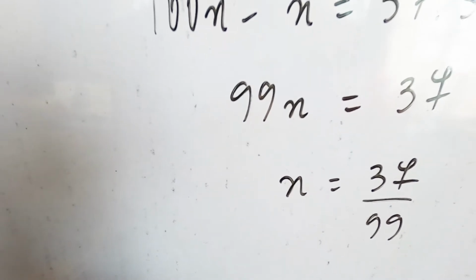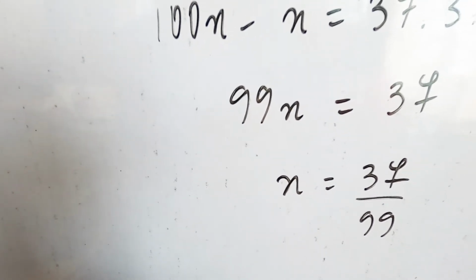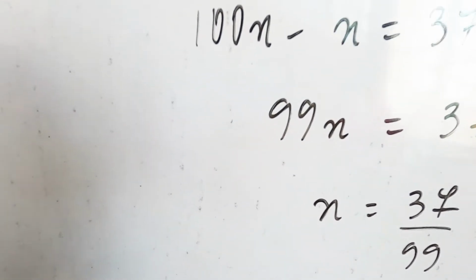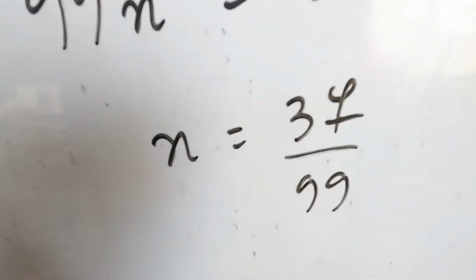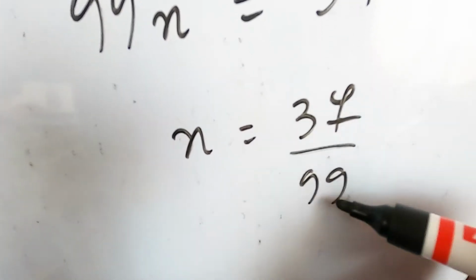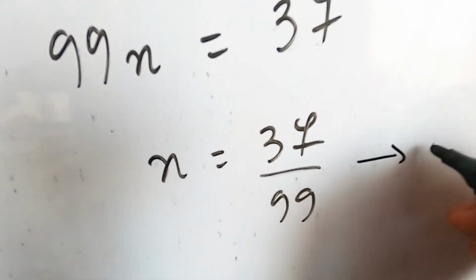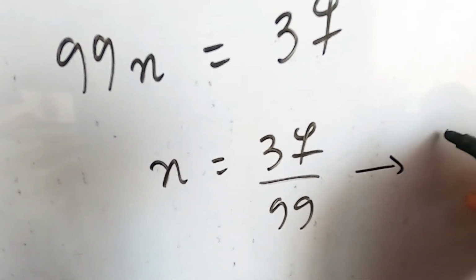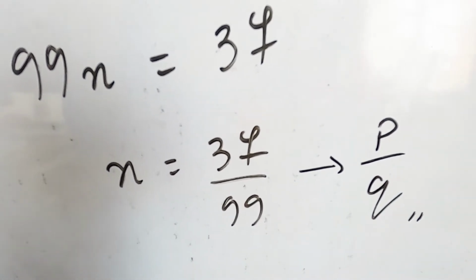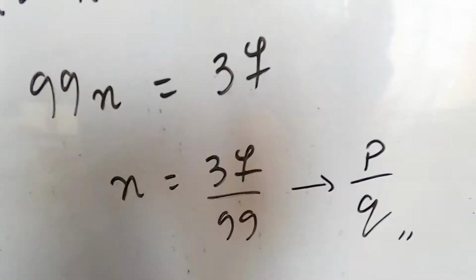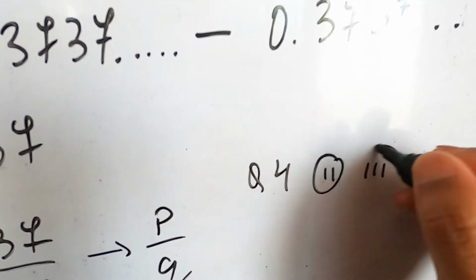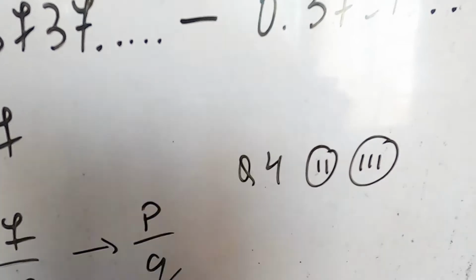Can we reduce it to the lowest term? There is no number which can divide 37 and 99, so 37 by 99 will be the required form p by q. For question number 4, parts 2 and 3, you do it by yourself.